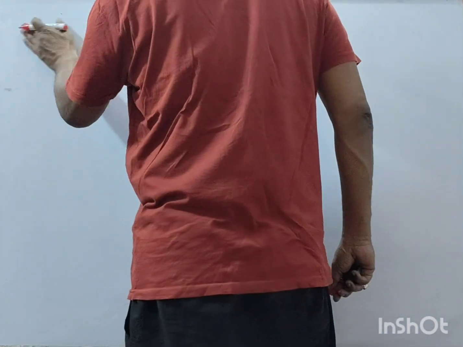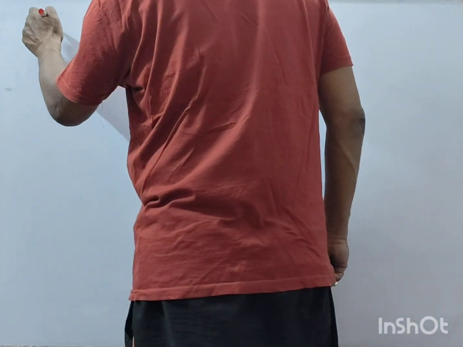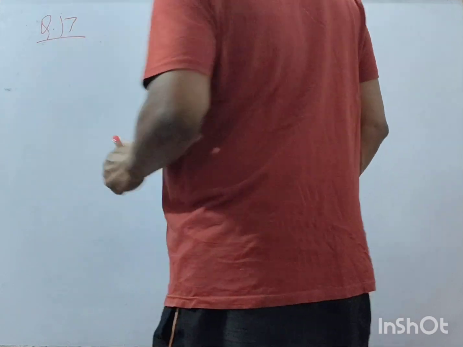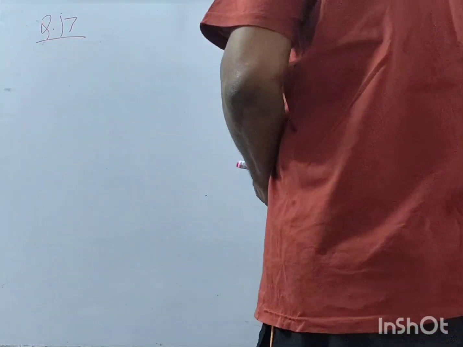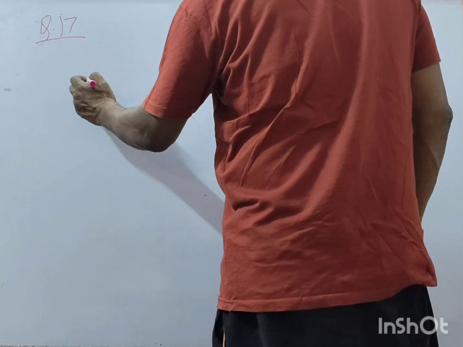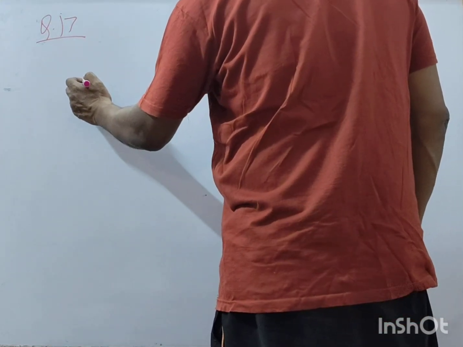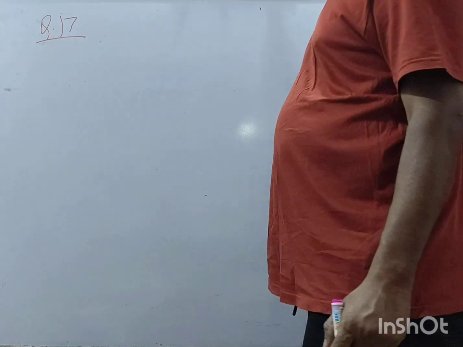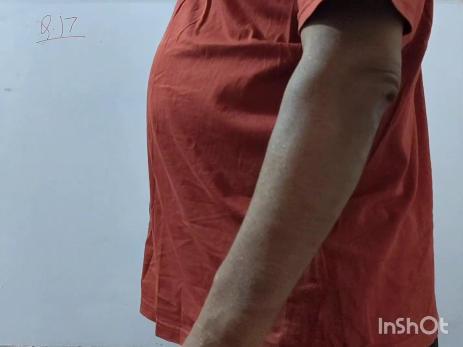Question number 17. In the adjoining figure, there is a cylinder, right? Circular, triangular.